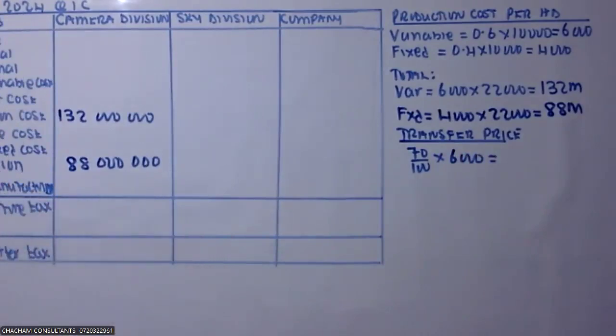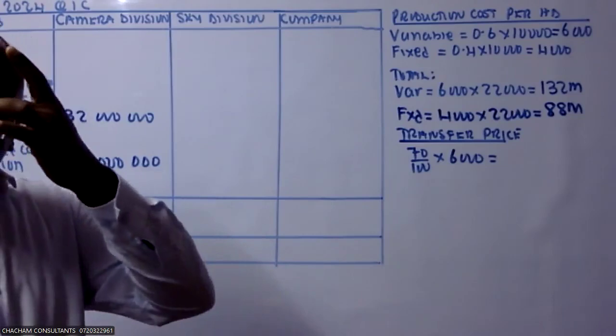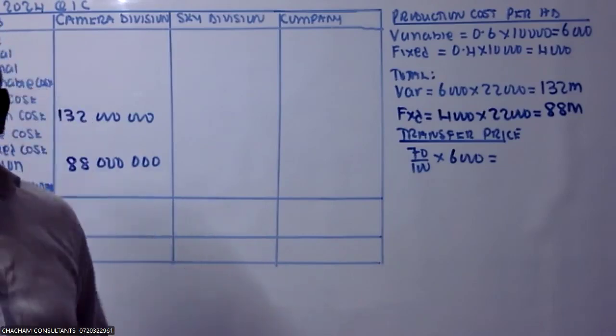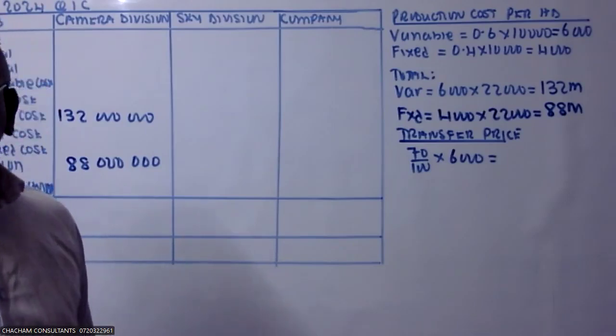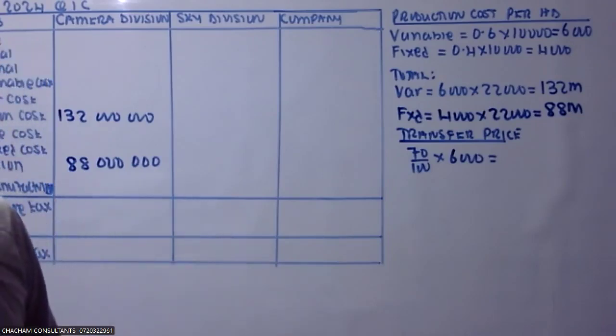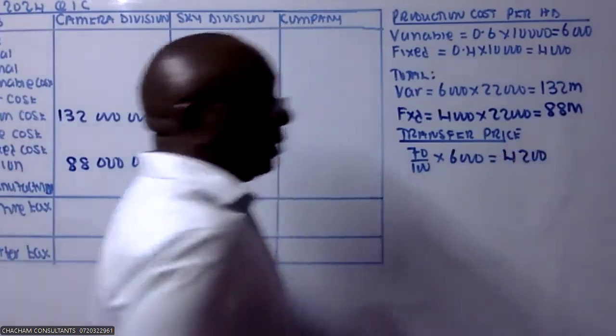Tell me how much that is. 70% of the 6,000 is $4,200. So that is the transfer price.